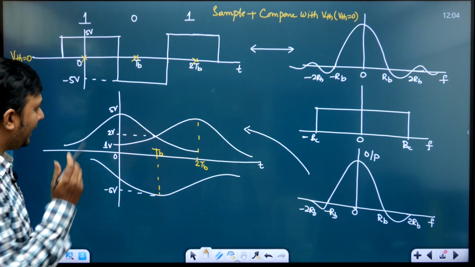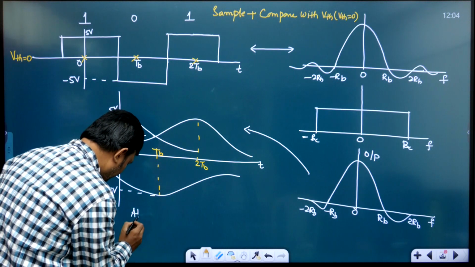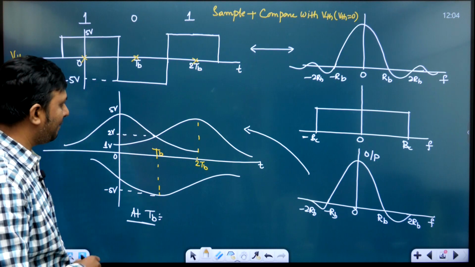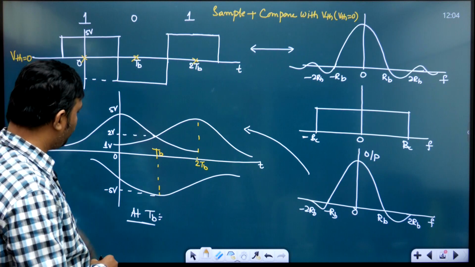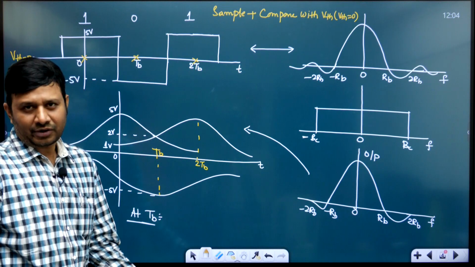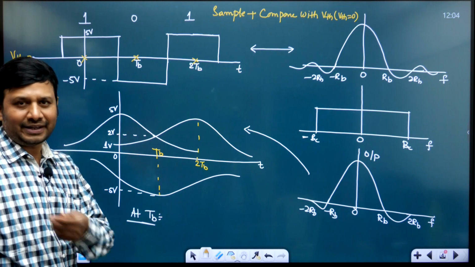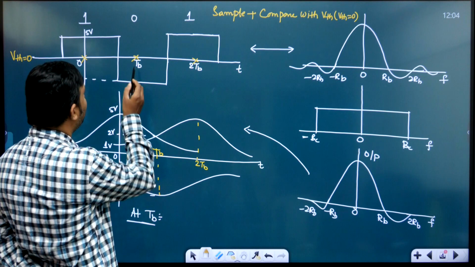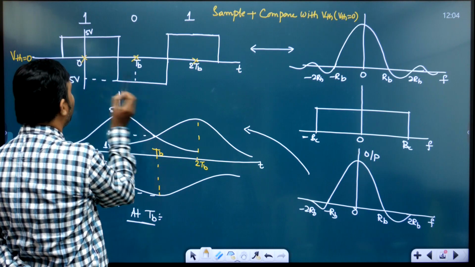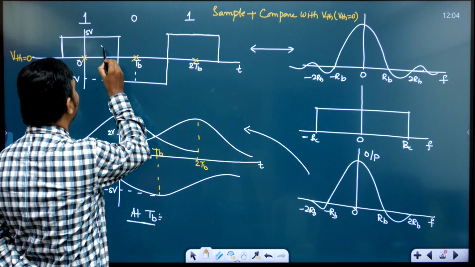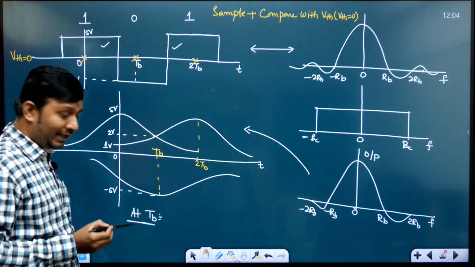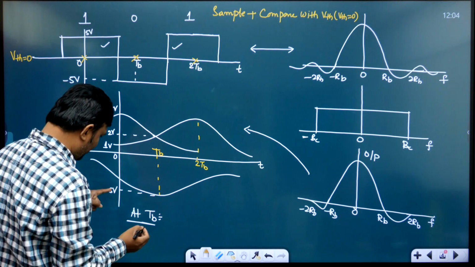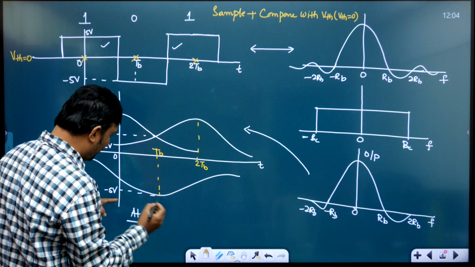Now look here, at TB if I sample, what will happen? Due to this spreading at TB, because at the receiver I have to take a sample and take the decision. At TB, if I sample, previously here I would get minus 5 volts, with no effect from the adjacent pulses. But here if I sample at TB, what voltage am I going to get?